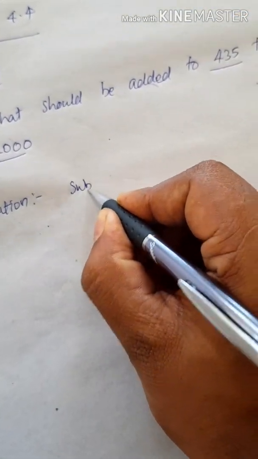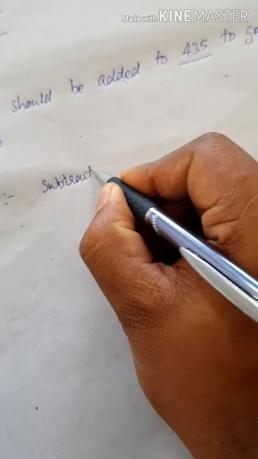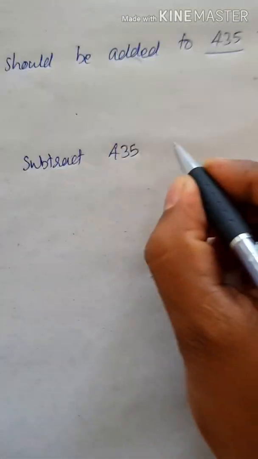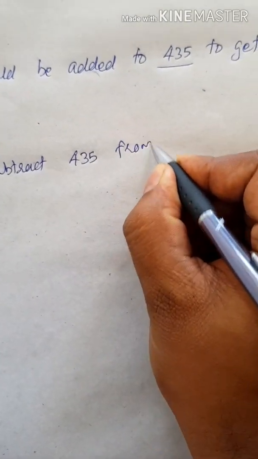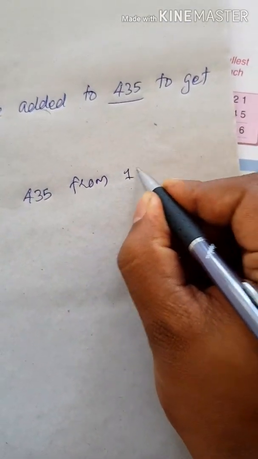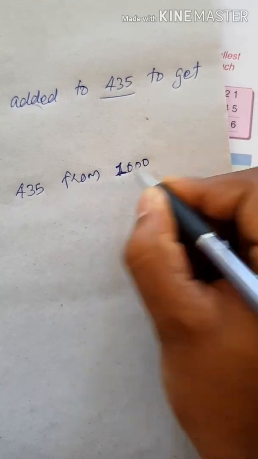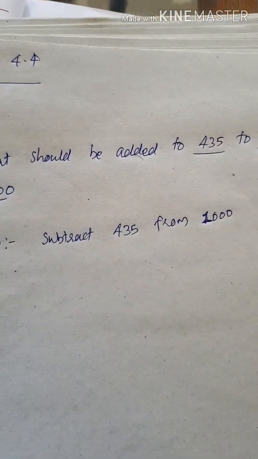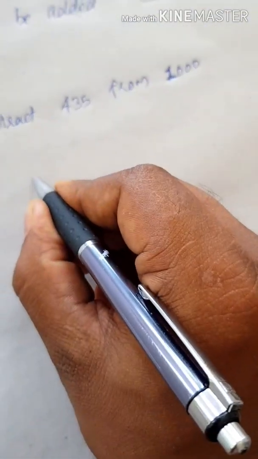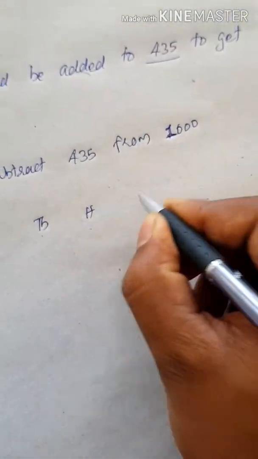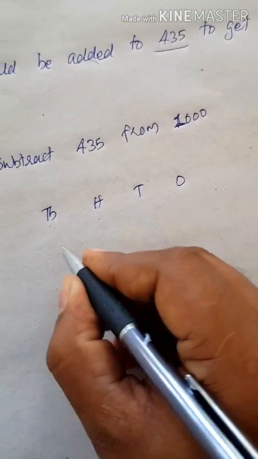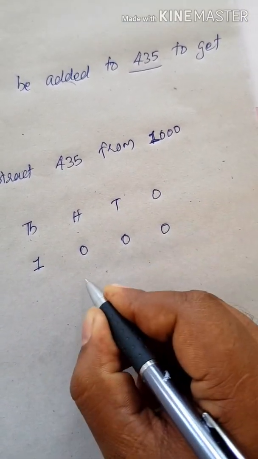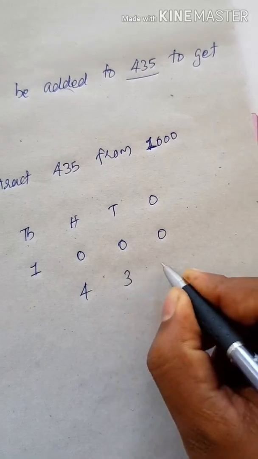Okay, subtract 435 from 1000. Thousands, hundreds, tens and ones.